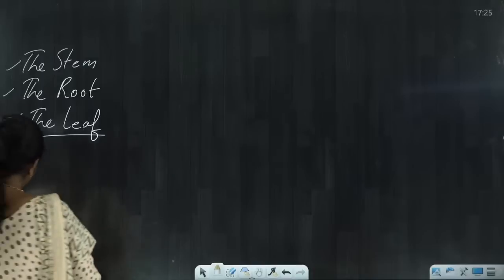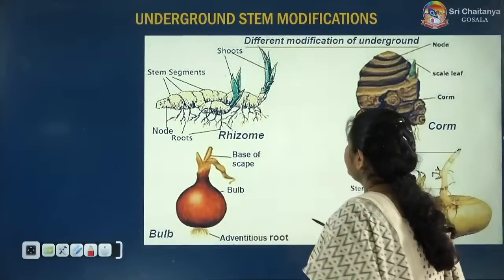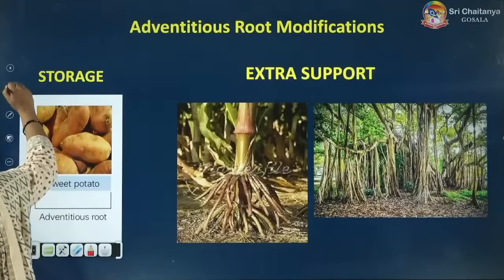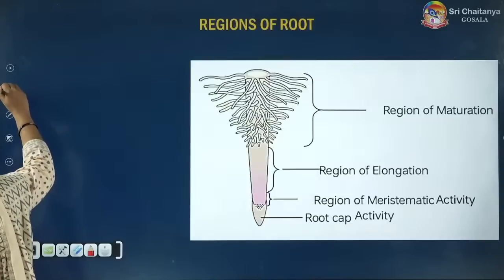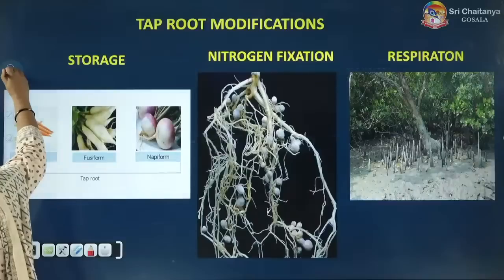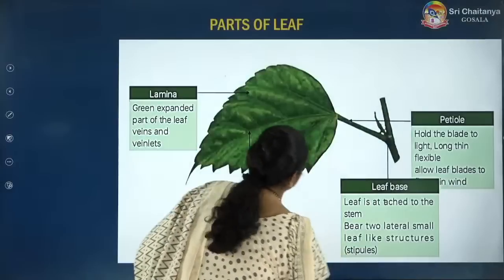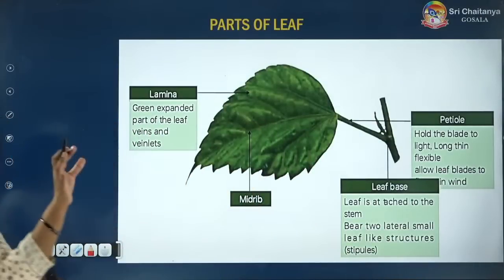Okay, now coming to the leaf part. Can I say the leaf is what type of part of the plant? Can I say it is a photosynthetic part of the plant? Right? So just focus on the points I am giving you regarding the leaf.